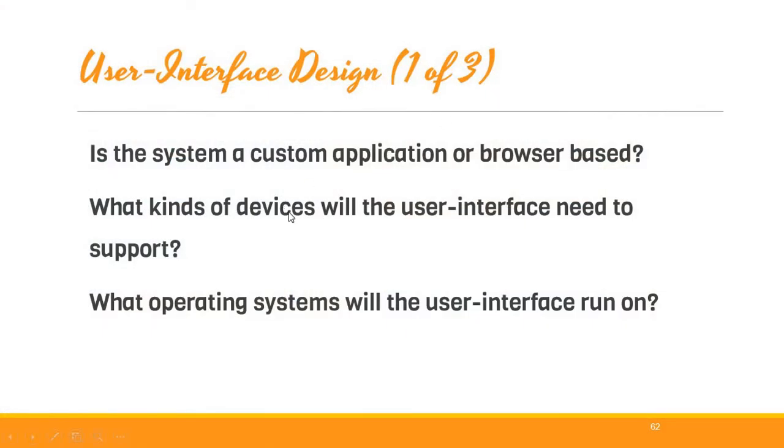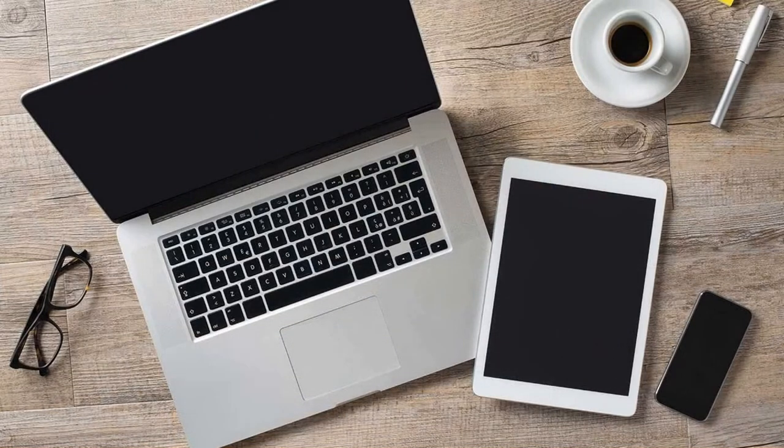The second major decision applies to the type of device the application is designed for. Some applications are designed to run only on desktops and laptops. Others execute on tablets, while others are designed exclusively to execute on smaller devices such as smartphones.